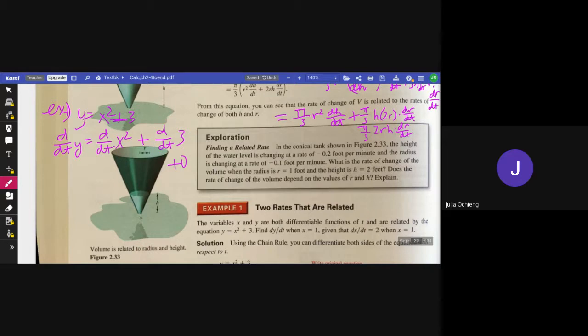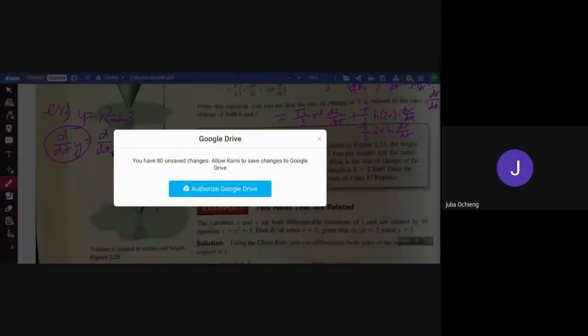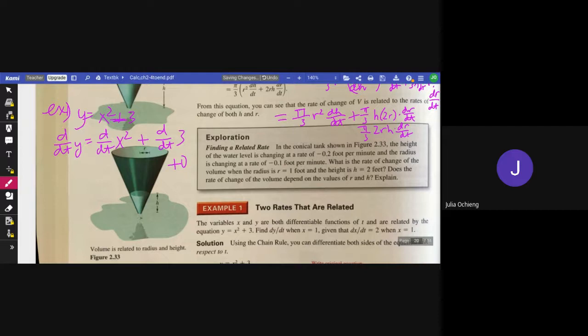All right, so the derivative of this in terms of t, we're just going to leave it as dy over dt. This one, we're going to have to use a chain rule, so derivative of x squared in terms of x times the derivative of x over dt.